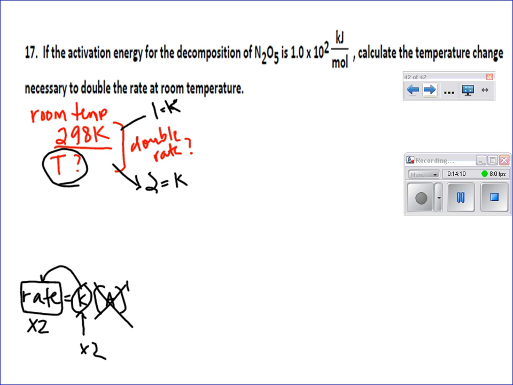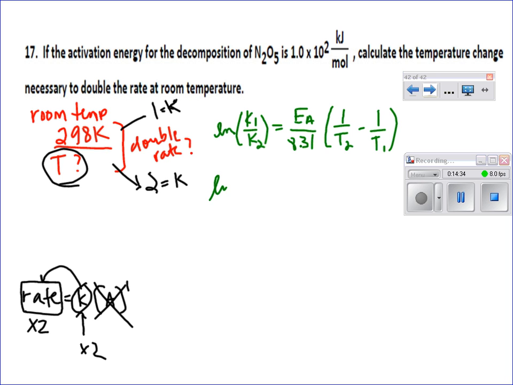So I'm just going to plug this into my double equation again. I'll write it unsubstituted again for you: ln of K1 over K2 is equal to EA over 8.31, times 1 over T2 minus T1.